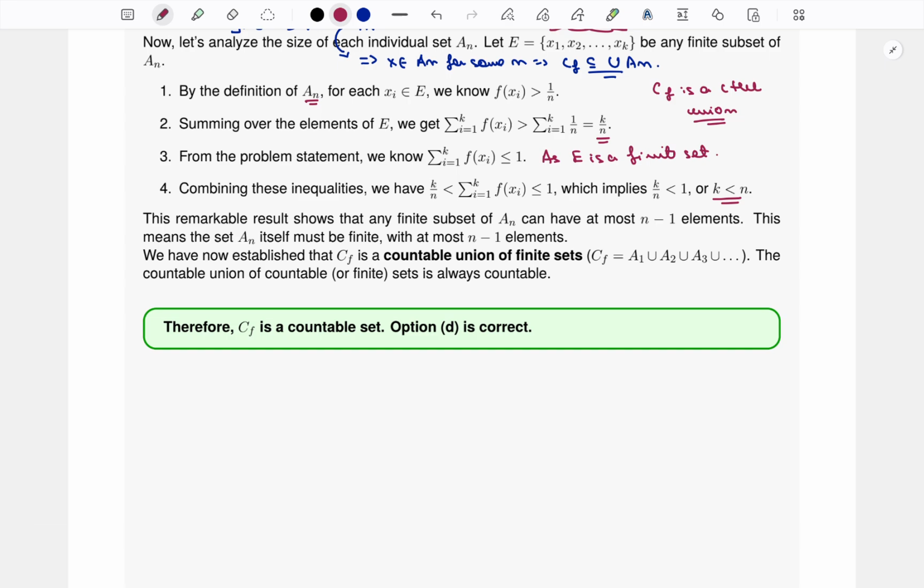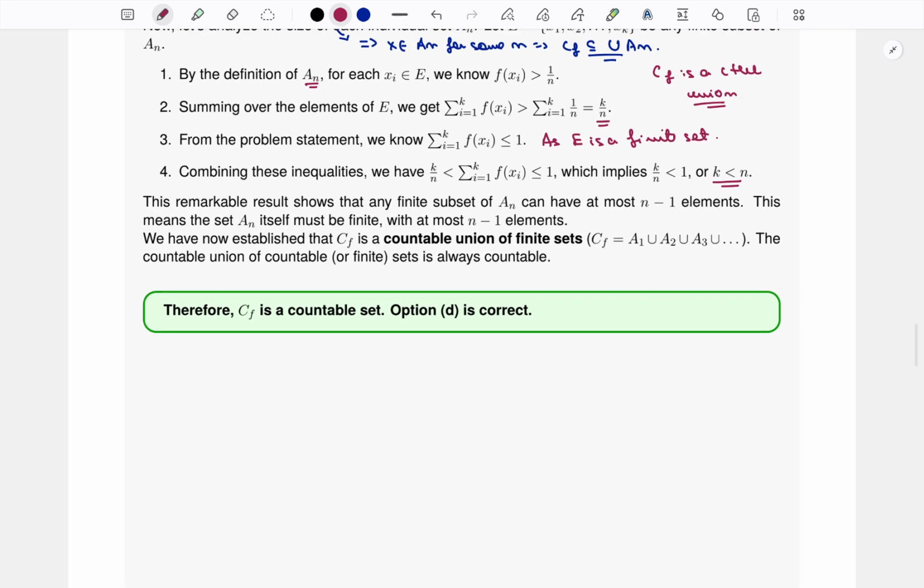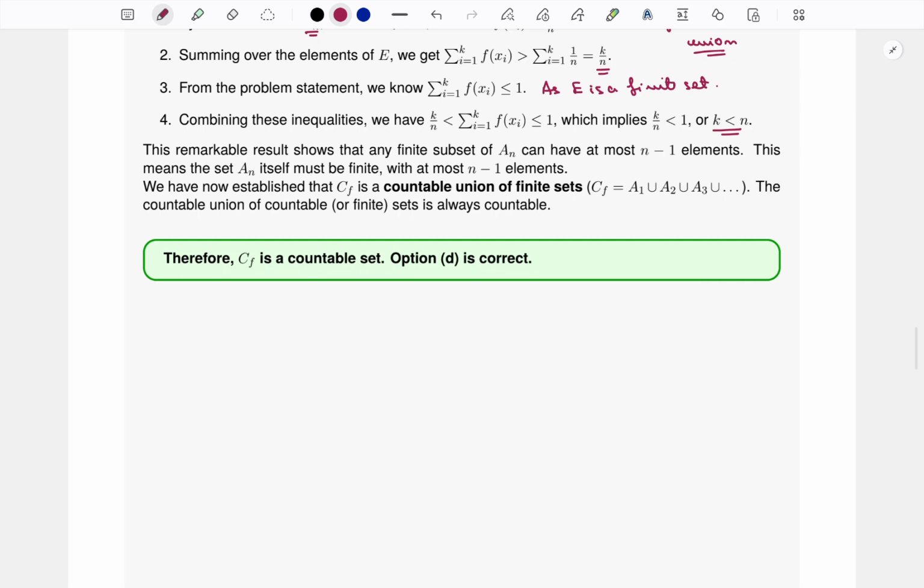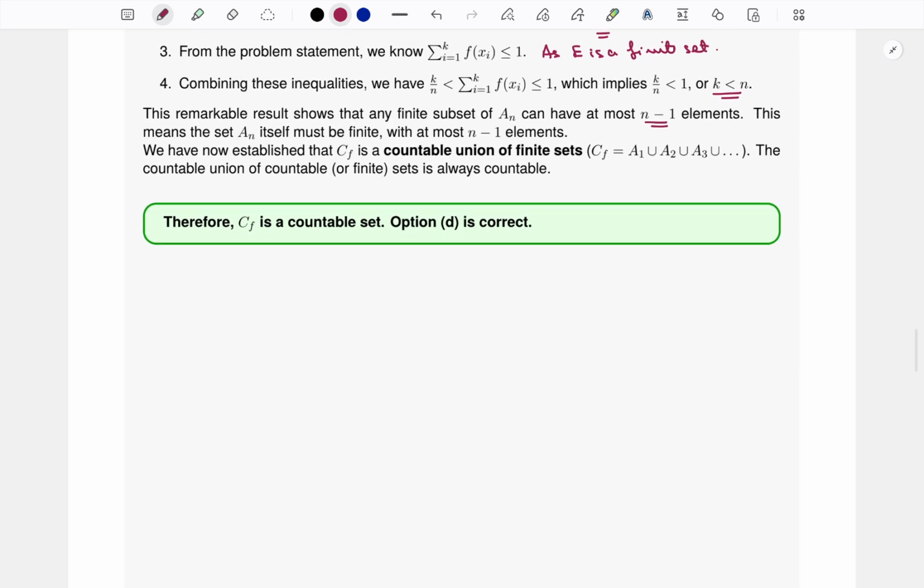So therefore, what we can conclude from here is that I can have at most n minus 1 elements in AN, and hence AN is finite.